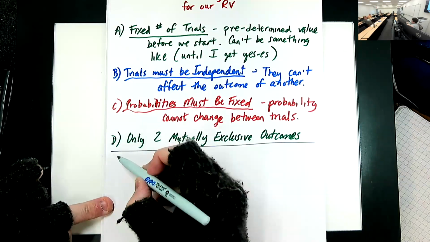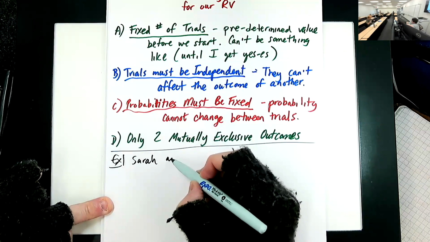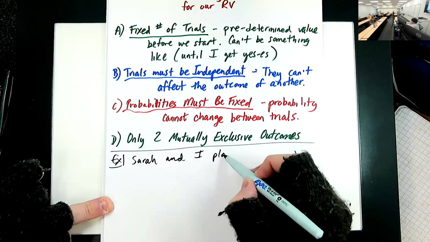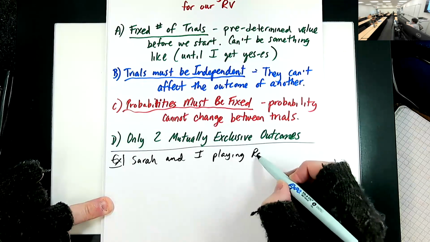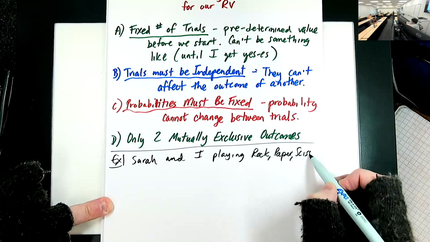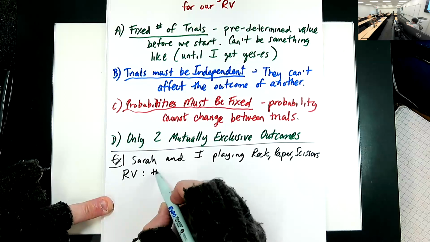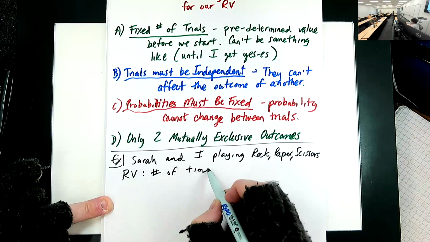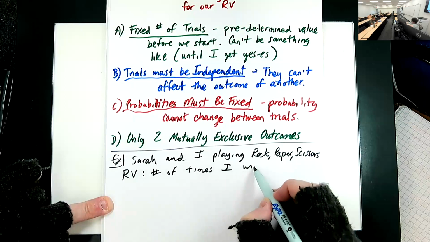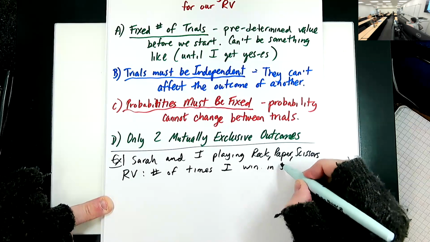Let's go back to Sarah and I. Let's do an example. Sarah and I playing rock, paper, scissors. And my random variable is the number of times I win in 5 games. We said 5 games.